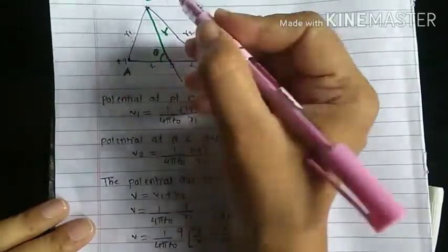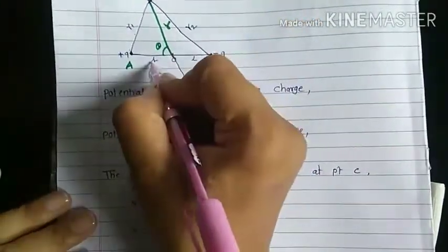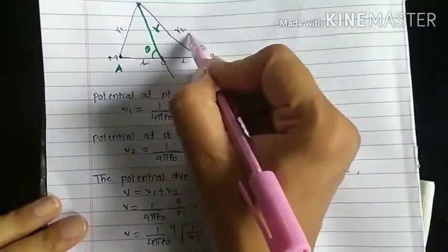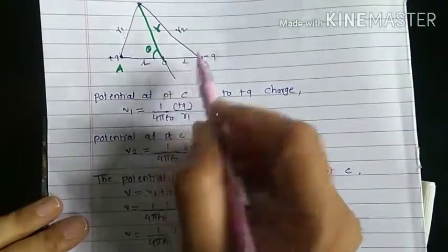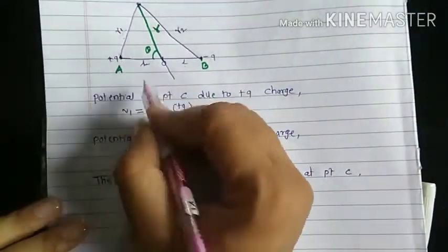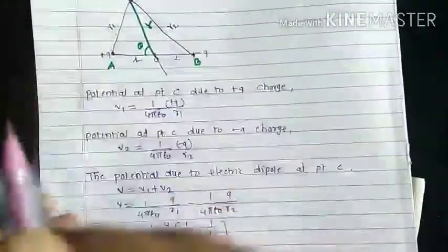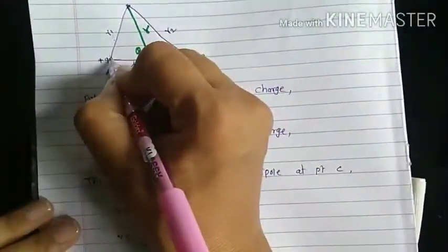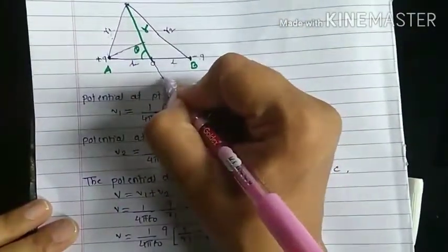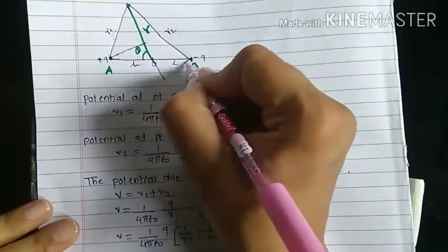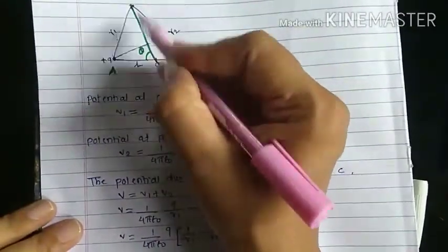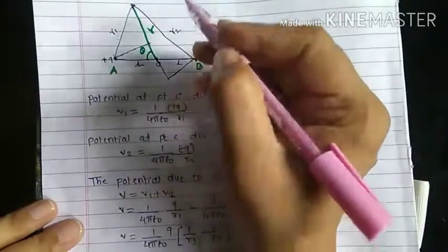This R1 distance is very large as compared to L. R2 distance is also large as compared to L. But to determine R1 and R2, let me draw a perpendicular here and also a perpendicular from this negative charge to here, such that this distance and this distance both become the same.